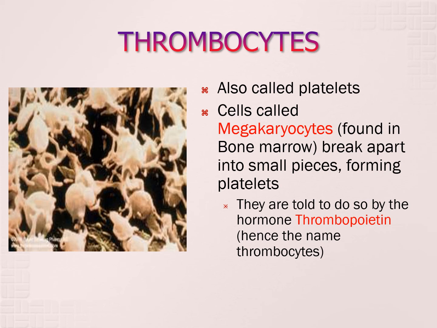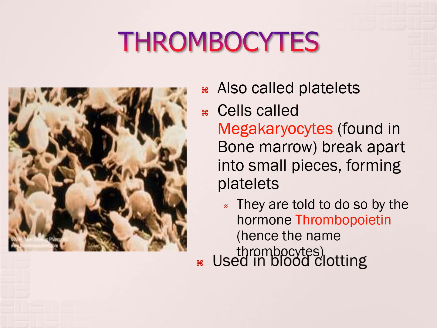This is why these guys are called thrombocytes. And anytime you see the root word poietin, like this is where the term poet comes from, poietin means to create or to make. So thrombopoietin is the hormone that tells these megakaryocytes that they need to pinch off or they need to break up in order to form what we call our platelets.